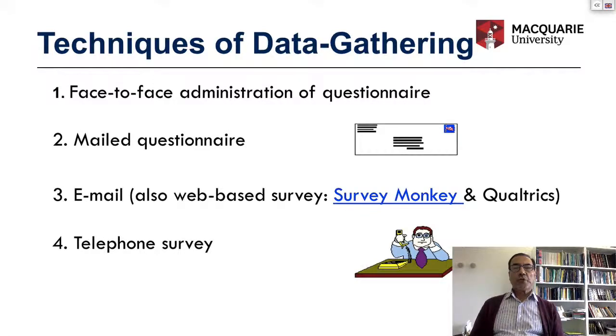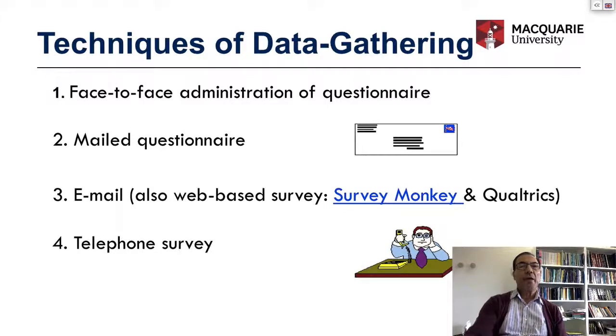You might want to search them on Google and see how it's possible to design your questionnaire and administer it online. At some points also it's possible to use telephone survey, gathering data from participants through telephoning them.